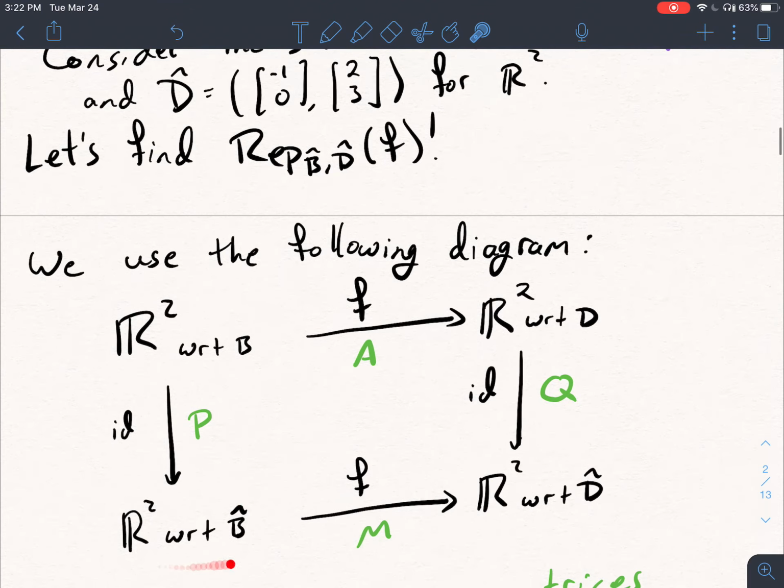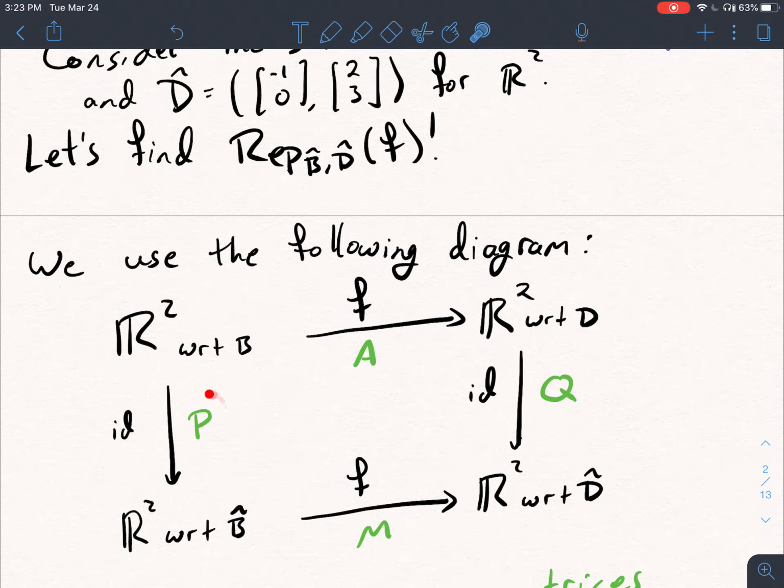And then similarly down here, we're looking for a matrix M that represents F with respect to B hat and D hat. Okay, what's going on in the left and right columns? Remember, a change of basis matrix is a representation of the identity map from a space to itself with respect to two different bases.